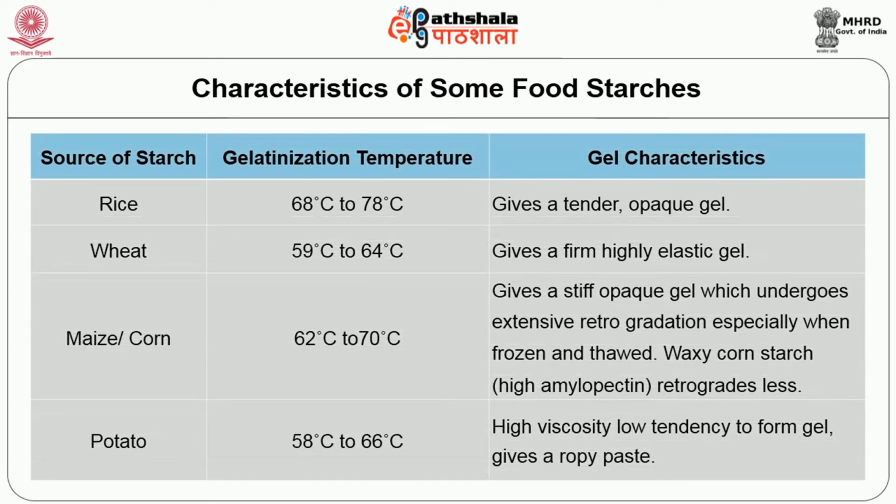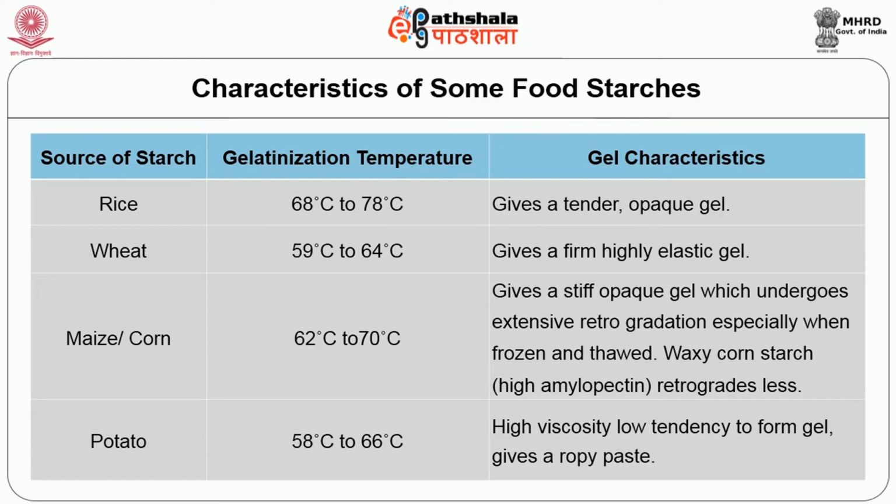Let us now have a look at the characteristics of some food starches. The characteristics of some food starches are tabulated in the following table. The first column denotes the sources of starch, next followed by gelatinization temperature, and the next column explains the gel characteristics. Rice, at a temperature of 68 degrees Celsius to 78 degrees Celsius, gives a tender and opaque gel.